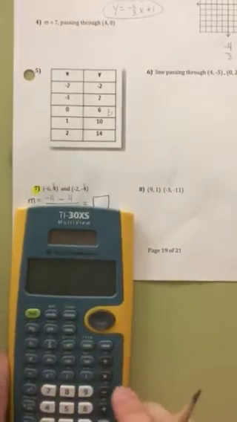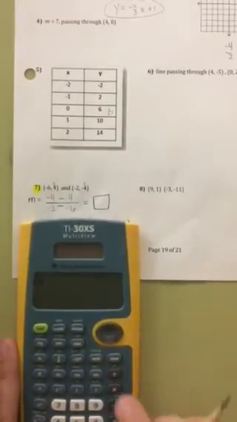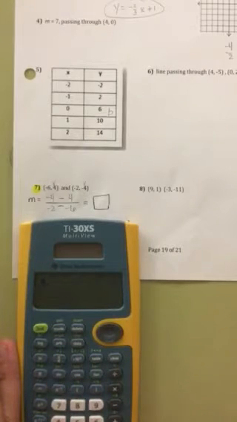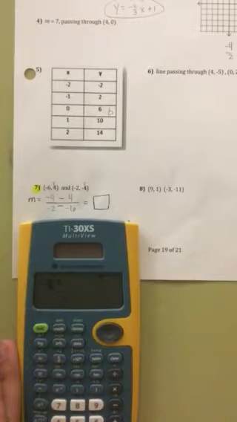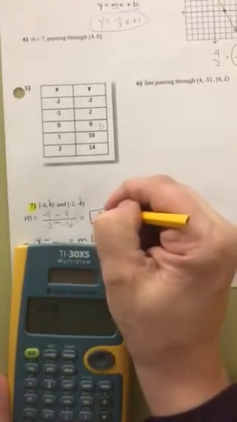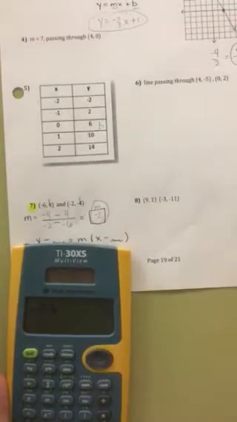I then go to my calculator, use the n over d button, negative 4 subtract 4, all of which is over negative 2 subtract negative 6, enter. Notice here, I get negative 2 for my m.